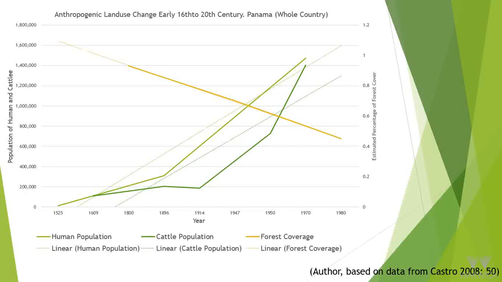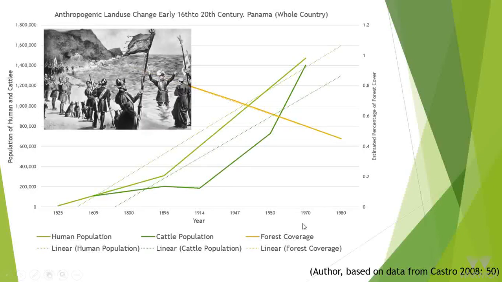I've taken just one source, and that source itself is drawn on other sources, and it provides some indication of different population levels over time. It talks, interestingly, both about the human population level, but also the number of cattle around at similar points. And then it also talks about the forest coverage.